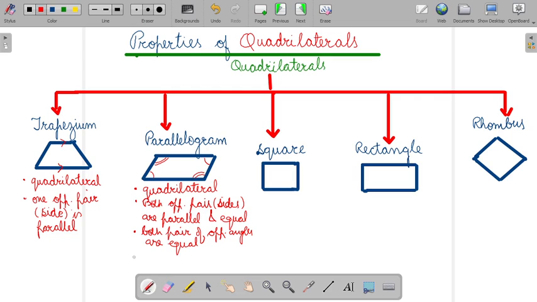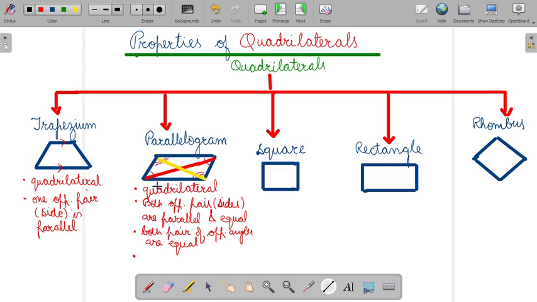There is one more property of a parallelogram. In a parallelogram, this is a diagonal. If you see, this is one of the diagonals and this is another diagonal. So in a parallelogram, the diagonals bisect each other.